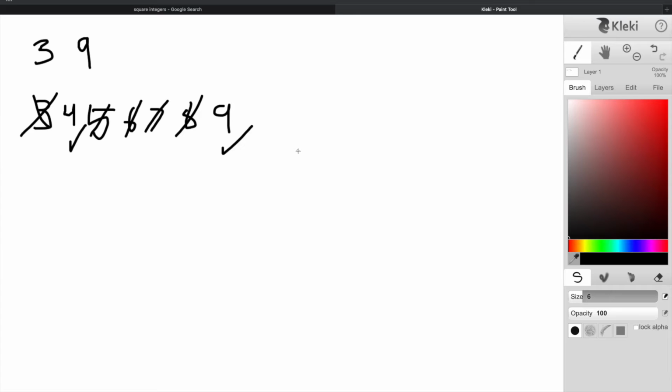So what kind of algorithm can we implement to find these square integers? Instead of going through all of the values in the given interval, we could go through the square roots of those values.